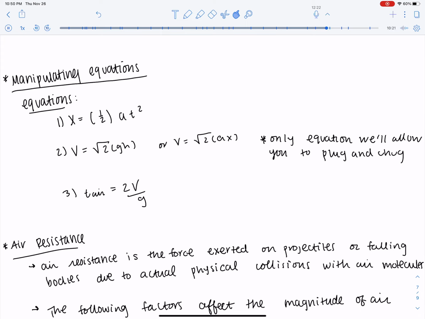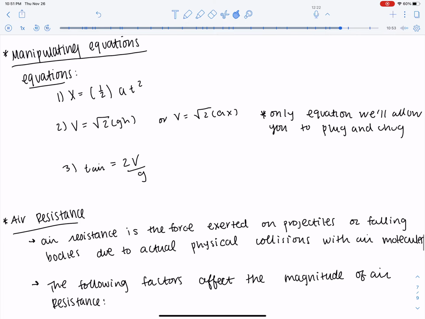The other equations, it's more of a conceptual testing in the exam. For example, we might get asked the relationship between, if we accelerate, what would happen to the time? For example, x equals half times acceleration times time squared. Just know the relationship between all of the variables.